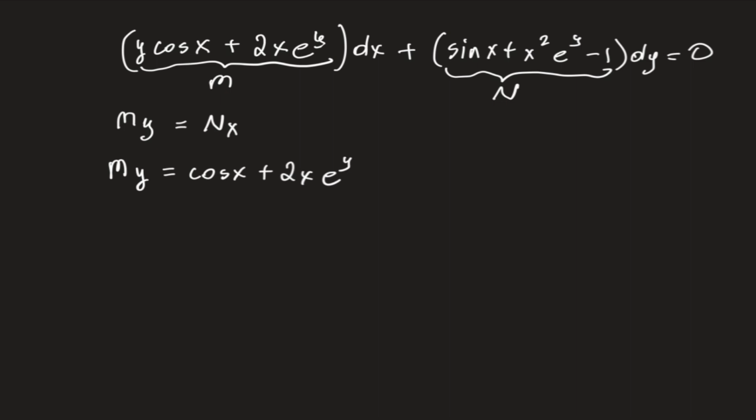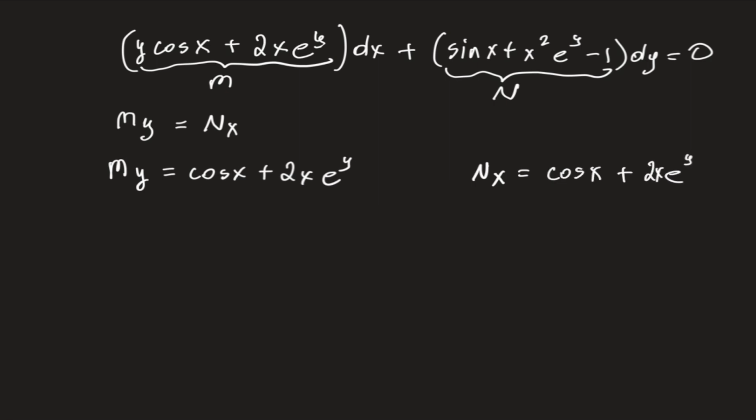Now we're going to find the partial derivative of n with respect to x. Just keep in mind that we're going to pretend that y is a constant and treat it like a constant. So the derivative of sine x with respect to x is just cosine x, plus, again, e to the y is going to be treated like a constant, so I'm going to put that here, and then the derivative of x squared is just 2x.